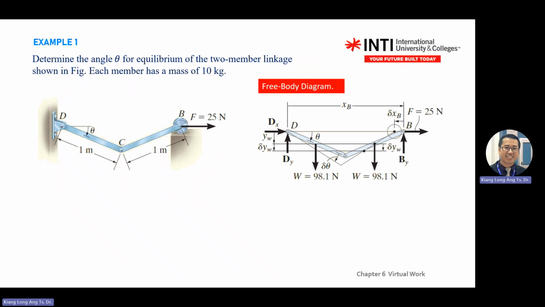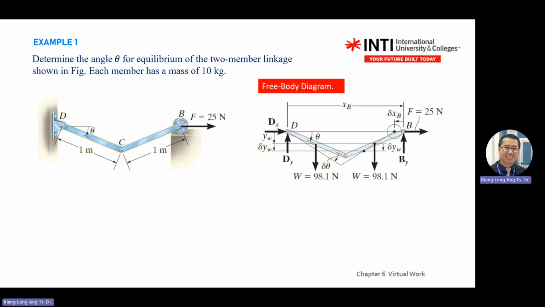Correction: just now I mentioned contact force, but the contact force is not related to pin point B. We are focused on member B, so forget about the normal force just now. If you look at pin B, we use the positive sense, so we have By going up and Bx going to the right. But Bx going to the right is free to move, so there is no Bx. But you have an external force there.